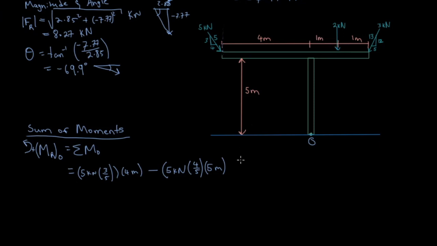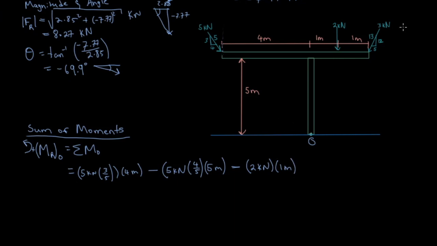One thing to note is that this causes a clockwise rotating tendency, so therefore it will be a negative moment. So we'll go 2 kilonewtons times 1 meter, and that's that for that force.